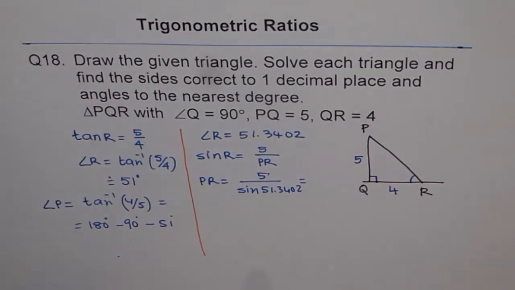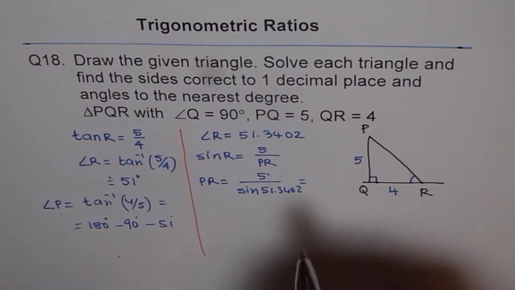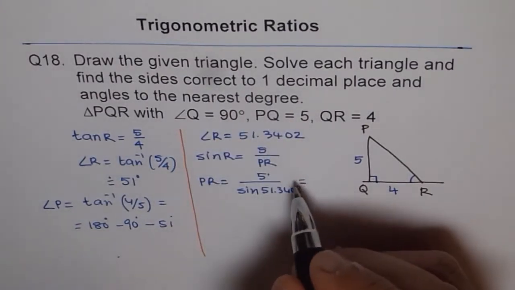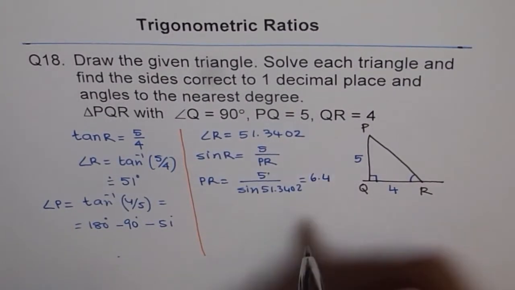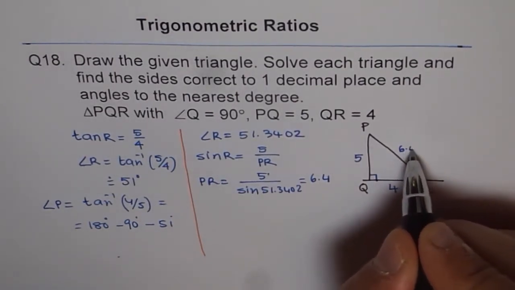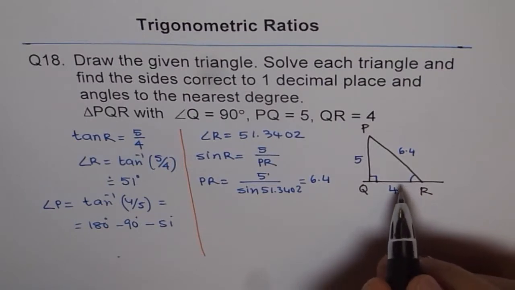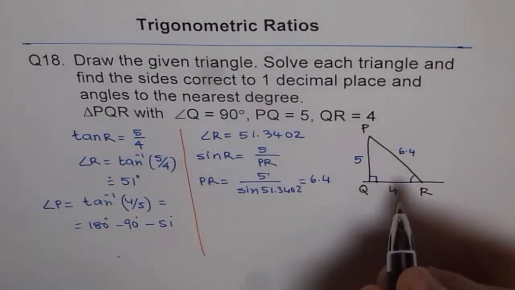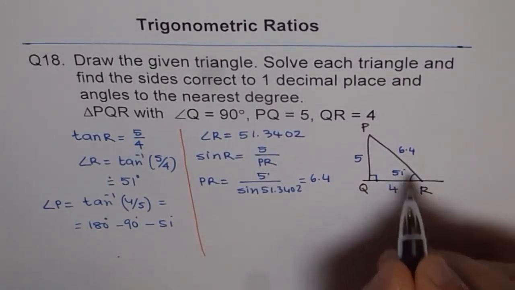So we find 5 divided by sine of 51.3402, and we get 6.40. We round this to 1 decimal place and we write 6.4. So we get PR as 6.4, and angle R rounded to the nearest degree is 51 degrees, correct?